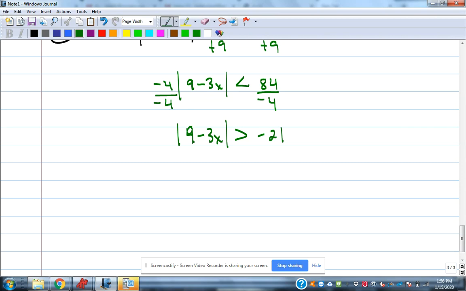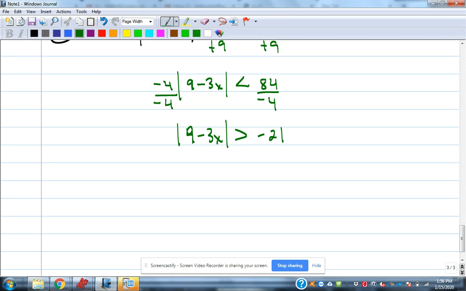Can an absolute value be greater than negative 21? Should an absolute value be greater than negative 21? Does it matter what's in the absolute value?